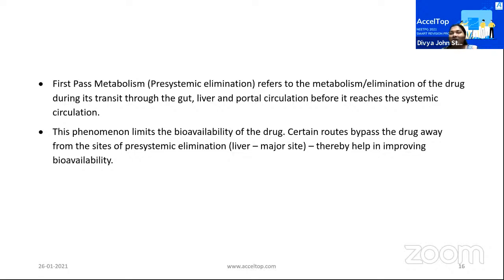This phenomenon limits the bioavailability of the drug. Certain routes bypass the sites of pre-systemic elimination. The liver is one of the major sites. So certain routes will bypass this, and this will improve the active fraction available after systemic dosing, or improve the bioavailability.